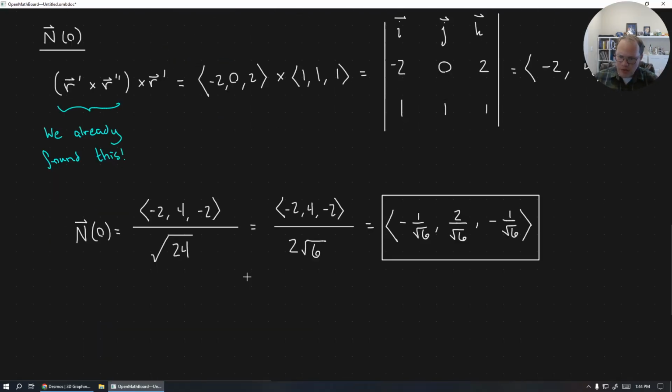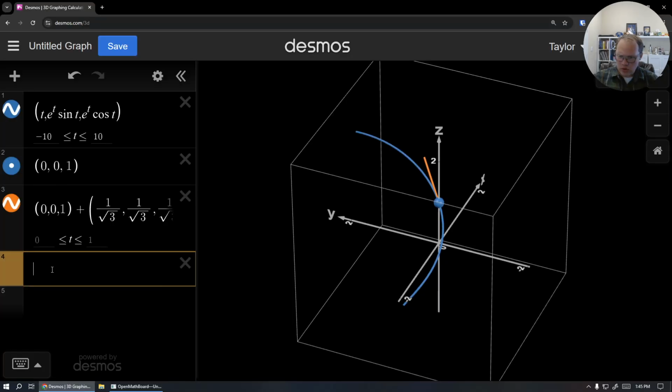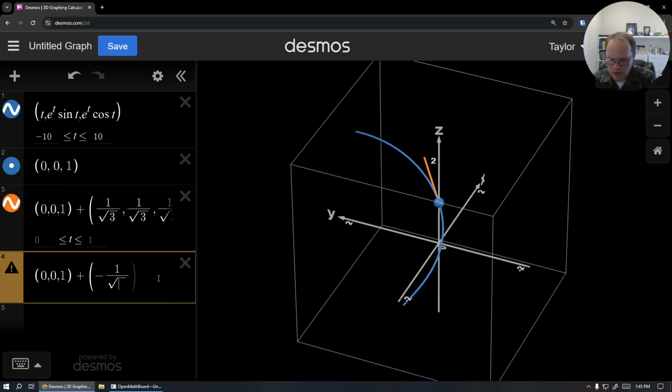Okay, let's plot the unit normal vector. So it's negative 1 over root 6, 2 over root 6, negative 1 over root 6. So I'm going to make sure I start at the same point, plus negative 1 over square root of 6, 2 over square root of 6, 1 over square root of 6 t.